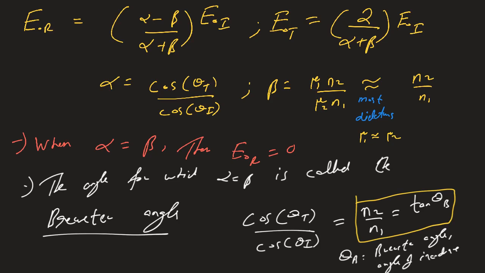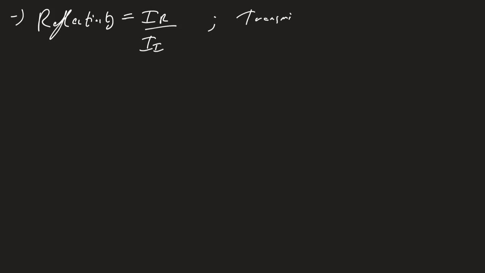And basically, there's one thing I guess that I can mention, which is that you can once again define the total reflectivity, which is equal to the reflected intensity over the incident intensity, and you can define the transmissivity, which is equal to the transmitted intensity over the incident intensity, as you did for a normal interface.